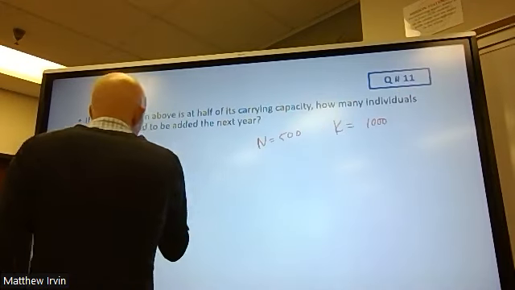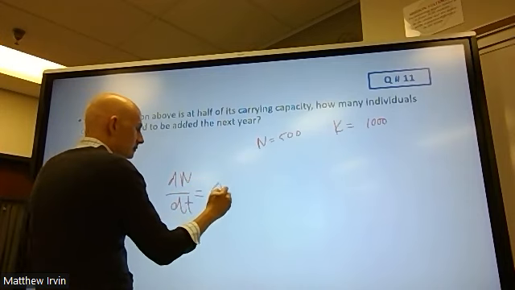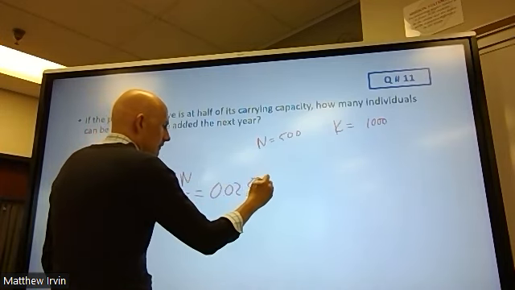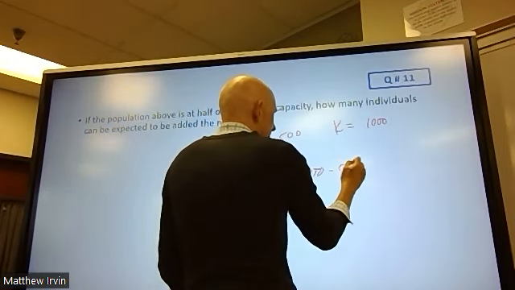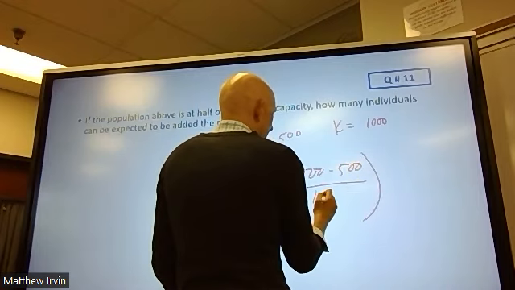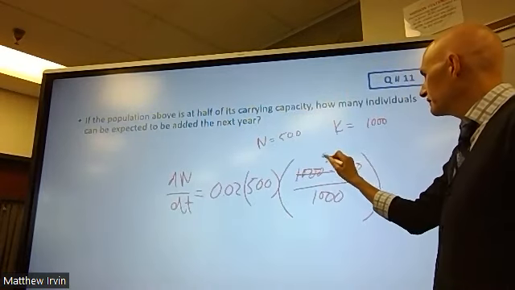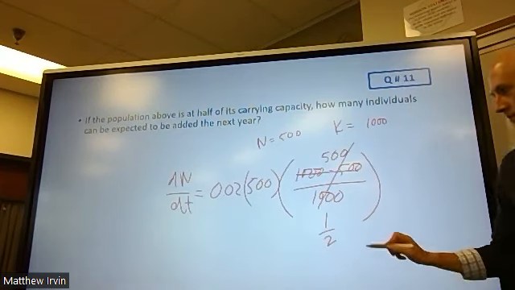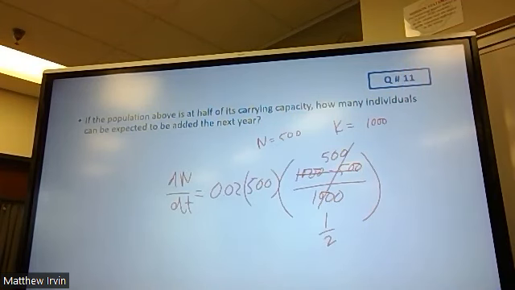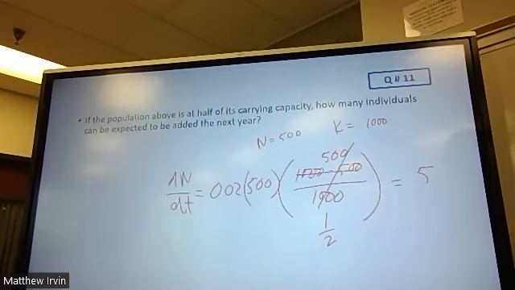So we plug that in: dN over dt, r is still 0.02, 500 for N times 1,000 minus 500 over 1,000. 1,000 minus 500 is 500, and 500 over 1,000 is 1/2. 1/2 times 500 is 250, and 250 times 0.02 gives you an answer of 5.